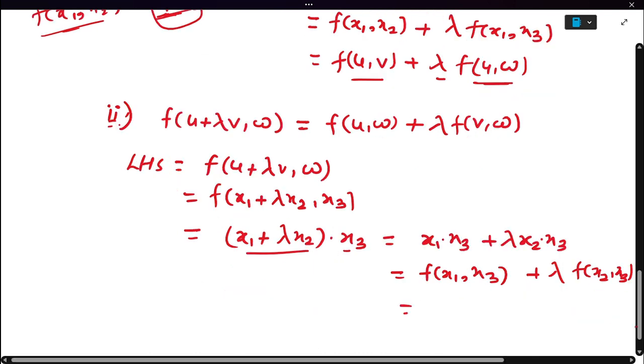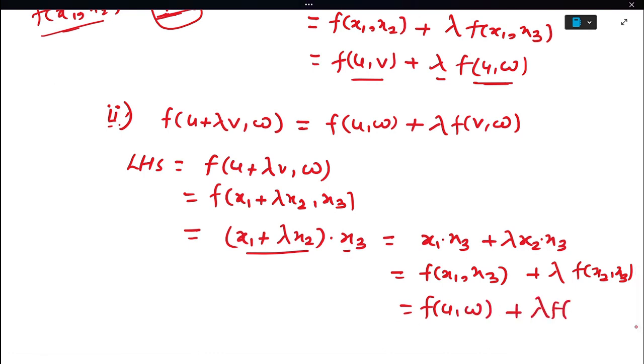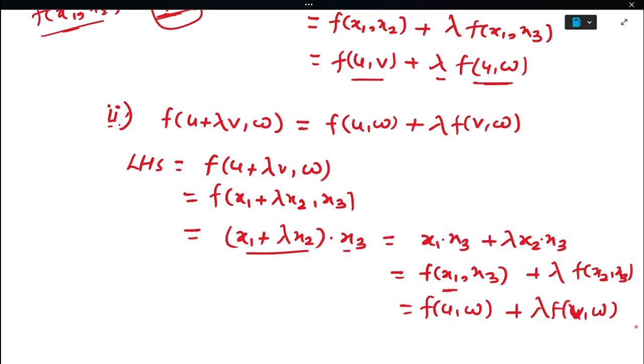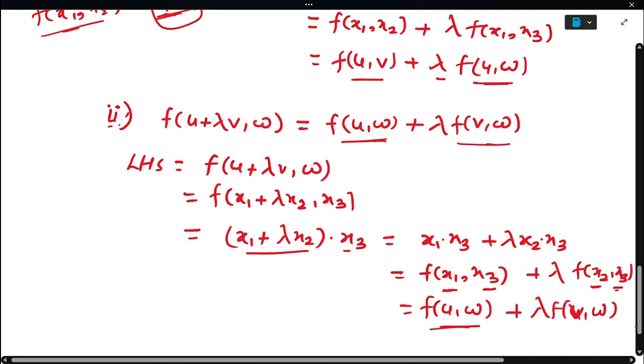and this is nothing but f(x1, x3) plus lambda f(x2, x3). Okay, and this can be written as f(u, w) plus lambda f(v, w), because the value of u is x1 and the value of w is x3, the value of v is x2 and the value of w is x3. And what we needed to prove was f(u, w) plus lambda f(v, w).